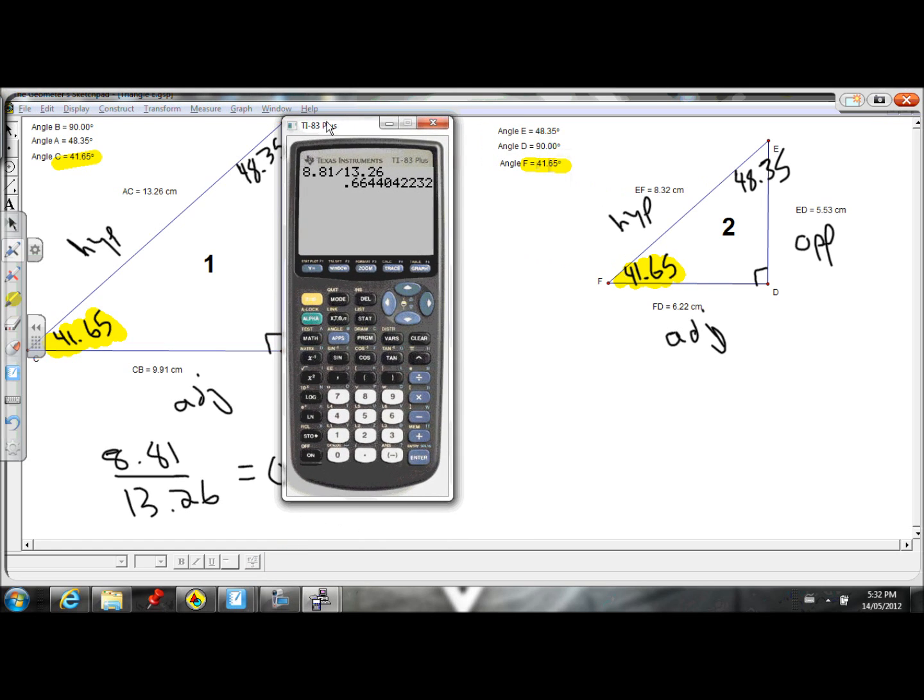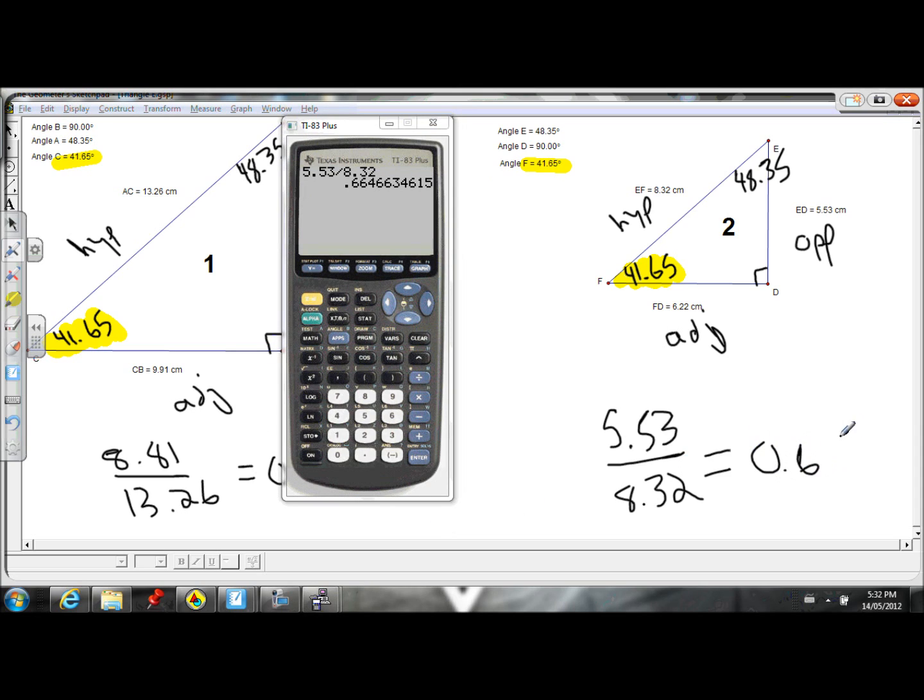Now let's see what the ratio of the opposite to the hypotenuse is for this triangle. 5.53 divided by 8.32. Let's see if that ratio is the same. It does. I get 0.66 for that as well.